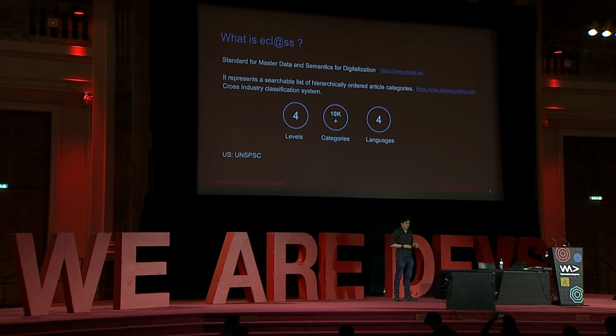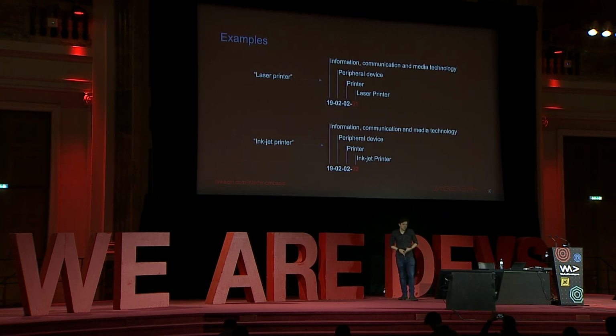But for the US market, we have something similar, and it's called UNSPSC. It has almost the same structure, but different category names. Let's see some examples. If we look for a laser printer, we can see that in this classification standard, it belongs to information and communication and media technology, then the sub-level peripheral devices, printers, and then laser printers.